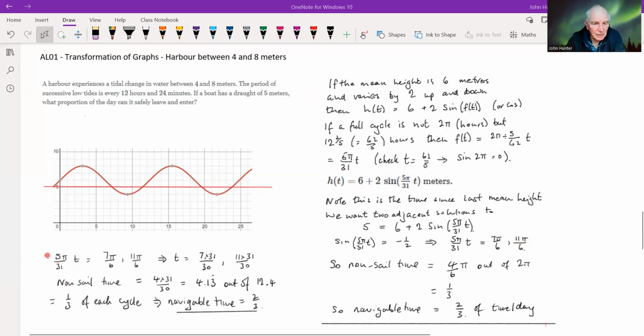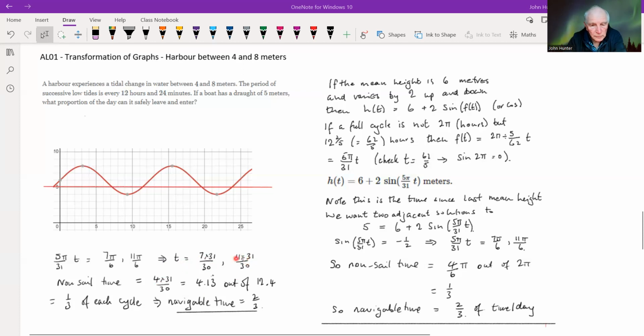Okay, so I've taken a bit of a shortcut there. If you're not convinced by that, let's just work this through then. So we're solving this equation. We've got these two solutions for 5 pi over 31t, these two values. That's what we've shown on the right. And that implies these two values for t. Let's just multiply by 31 divided by 5 pi.